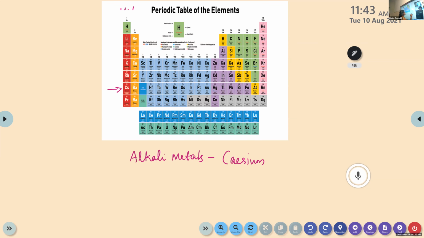Its symbol is Cs. The first letter should be capital and the second should be a small letter. Cesium is the highest reactive element.